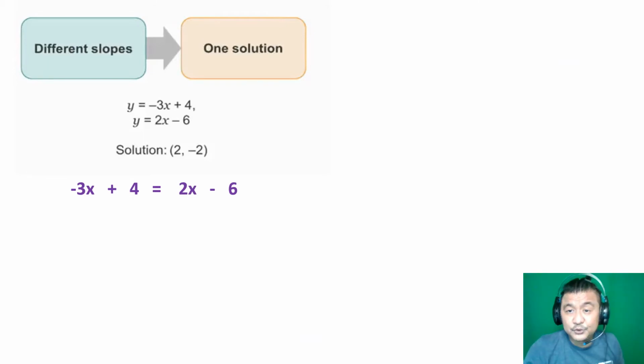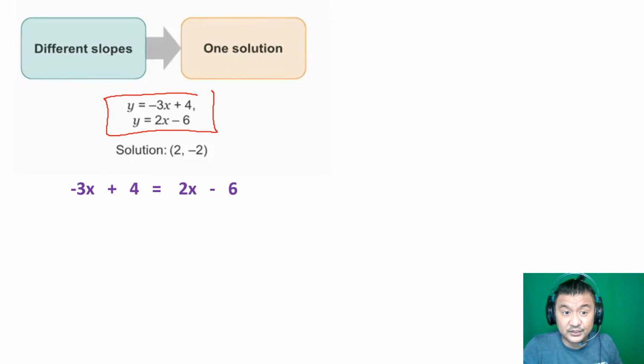Now, sometimes you don't need to solve to know that there is one solution. How do you do that? Check this out. So let's start with these two equations. If their slopes are different, are you sure? Yeah, look at this, negative 3 and positive 2. If the slopes are different, you can already guarantee that there is one solution.